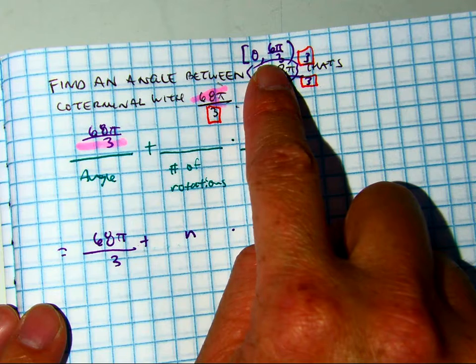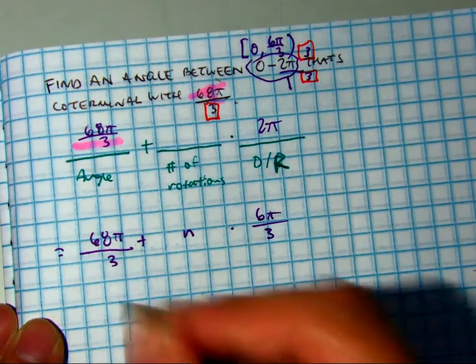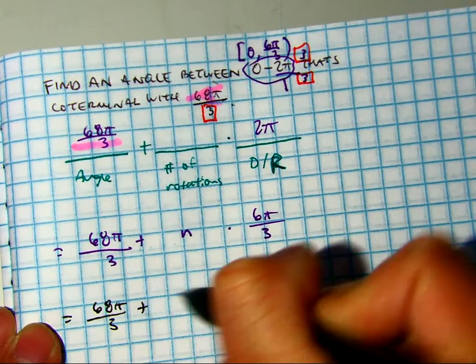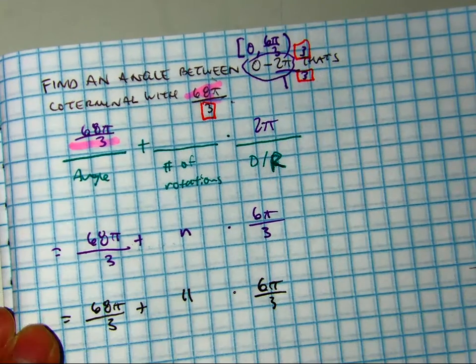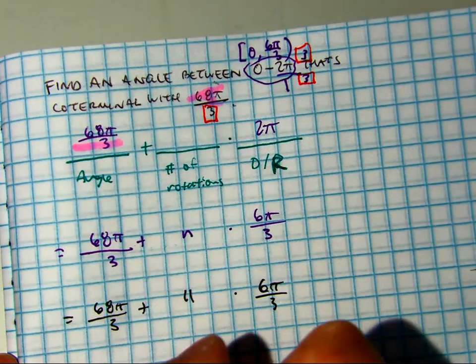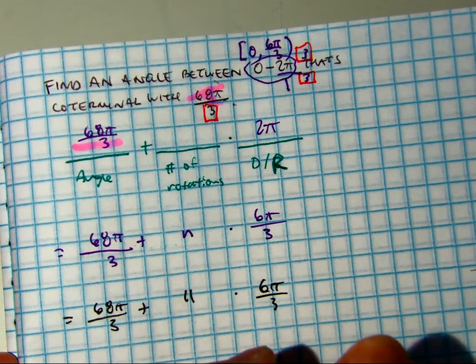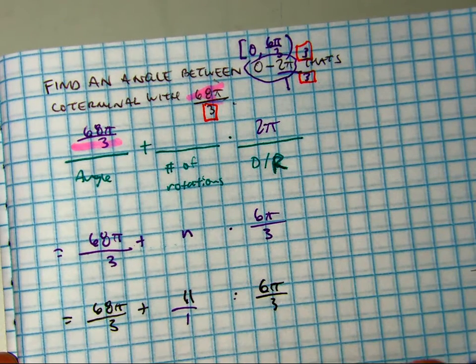11. Let's try 11. So I have 68 pi over 3. And 11 times 6 gives us what? So our answer should have been what? We should have picked a negative 11.